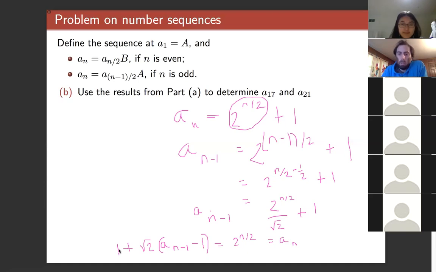Well, when I listed the first 5 terms, I got the square root of 2 plus 1, and the square root of 2 to the second plus 1, and then the square root of 2 to the third.